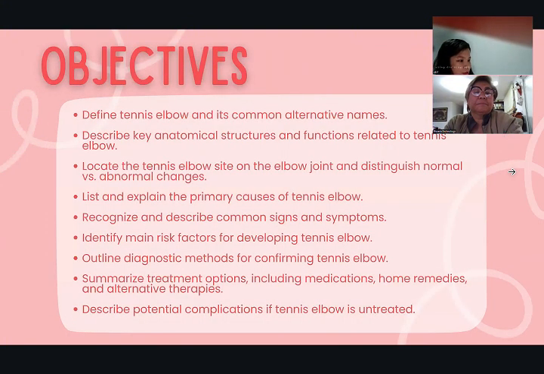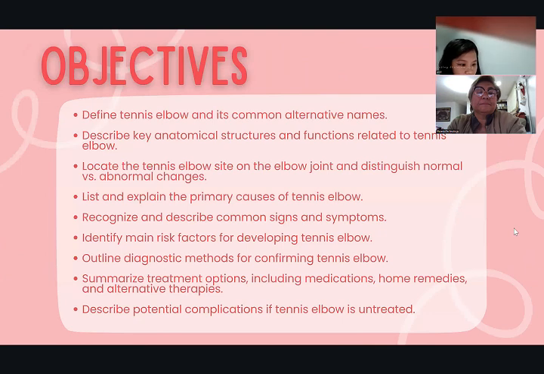Our objectives for today are to define tennis elbow and its common alternative names, describe key anatomical structures and functions related to tennis elbow, locate the tennis elbow site of the elbow joint, and distinguish normal versus abnormal changes.